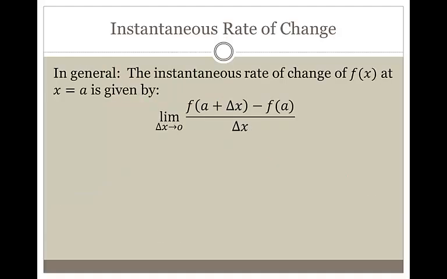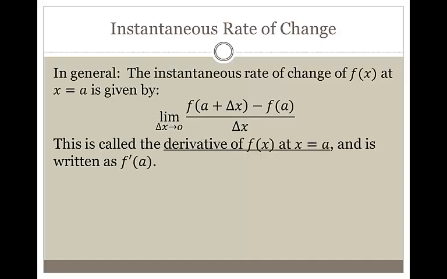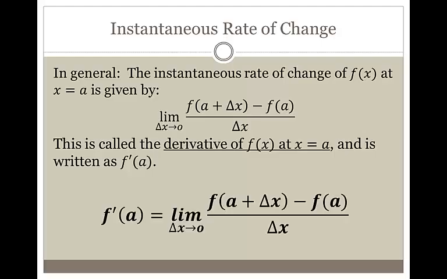This instantaneous rate of change of f of x that we just defined is called the derivative of f of x at x equals a, and we write it as f prime of a. So we now have our derivative.